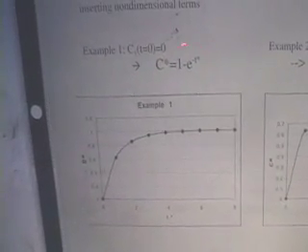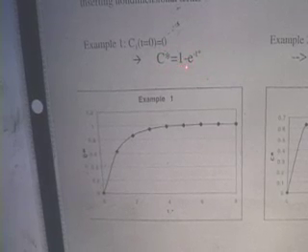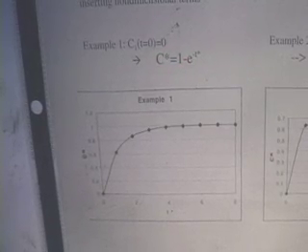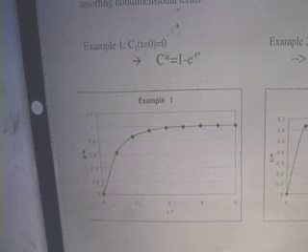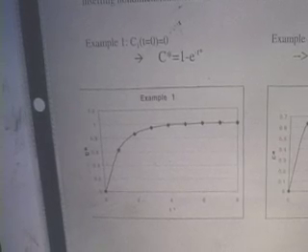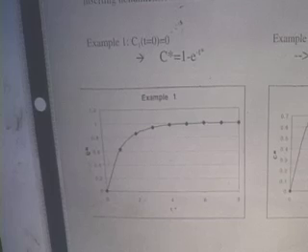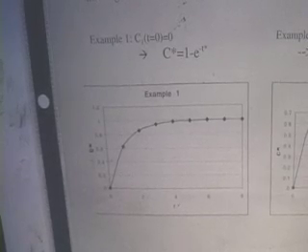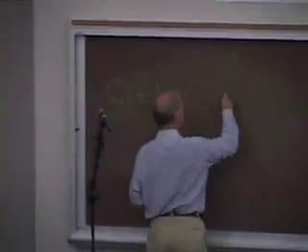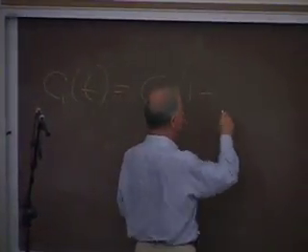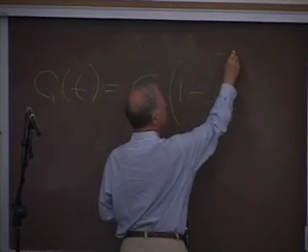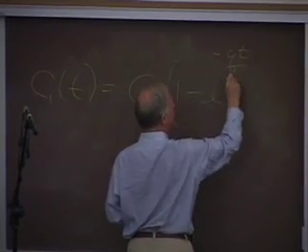Do you see that this equation is the same as the equation? In fact, someone read it to me. For the first part of our solution, it was, what was it? It was C1 of t is equal to what? C0 times what? 1 minus what? E to the minus Qt over V, right? Yeah.